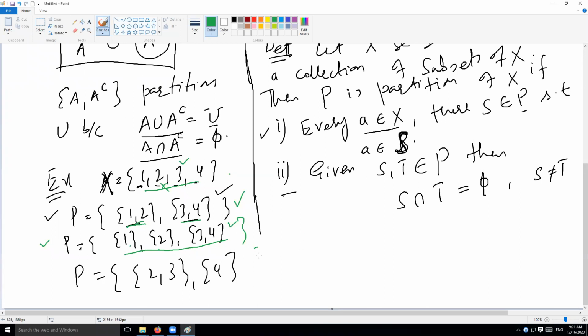Is this set a partition? No, sir. This is not a partition. 2 is in this set, 3 is in this set, and 4 is in this set.